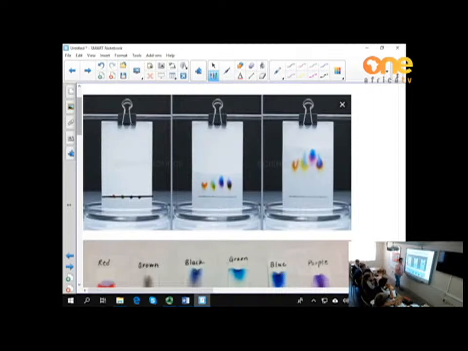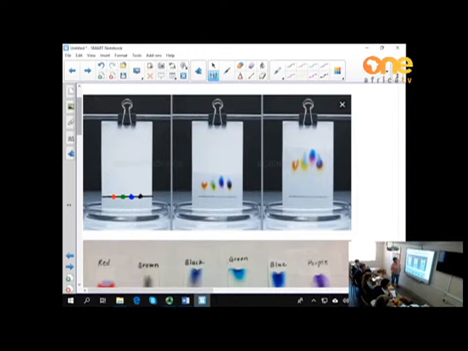Then, on the piece of paper, they've marked a spot with a red Koki, or green ink, and blue ink, and black ink. And they leave it. The end of the paper is touching, or just slightly a millimeter or two into the water.